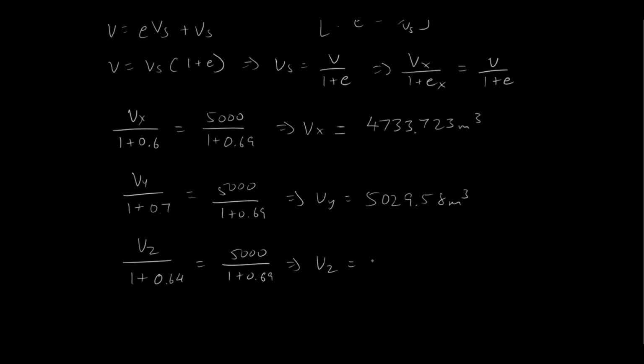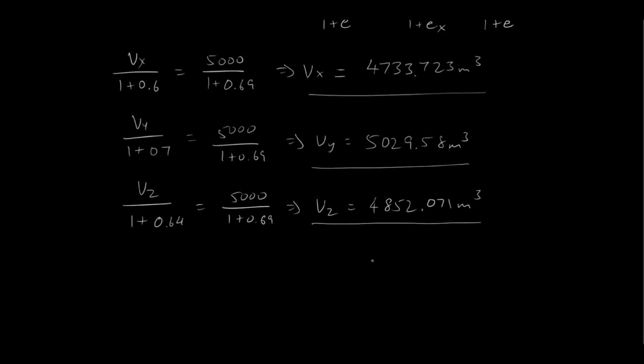So Vz will be equal to 5000 into 1.64 divided by 1.69, which will be equal to 4852.071 meter cube. So this much amount of soil we need to remove from each site to make a target volume of 5000 meter cube at the construction site.